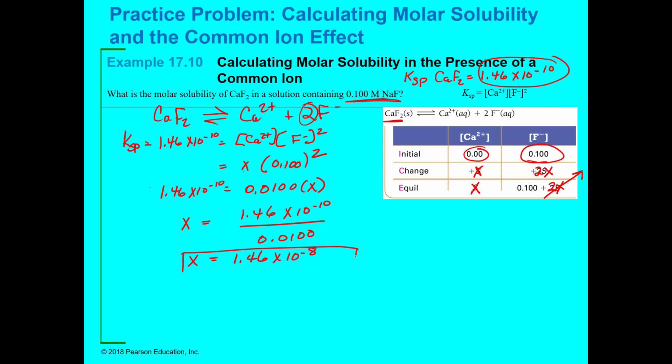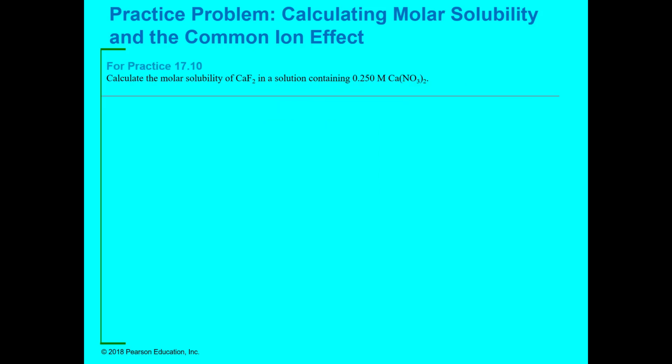And that is the molar solubility. All right, simple as that. Very, very simple. So again, you can try to use that formula for molar solubility, but it's so much simpler to do it this way. And then there is one with calcium fluoride and calcium nitrate.